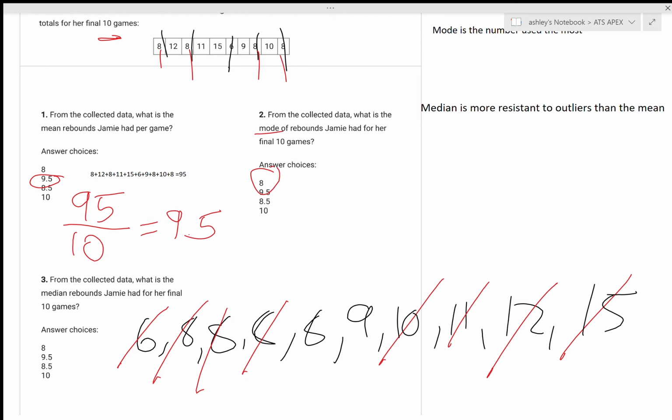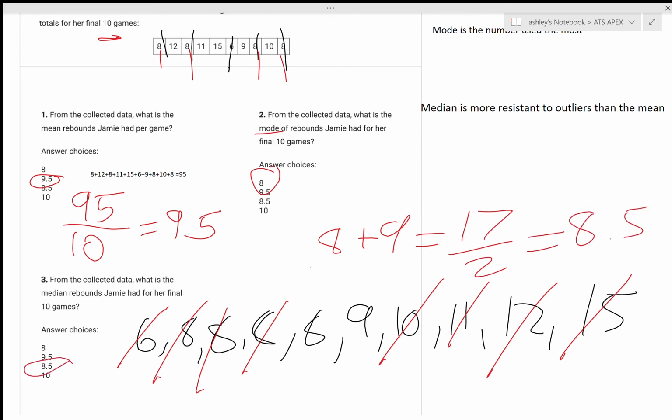Since there are 2, I have to take the average of these 2, which means I have to do 8 plus 9, 17, and divide that by 2, and my answer should be 8.5. You only have to do that when you have an even number of data.